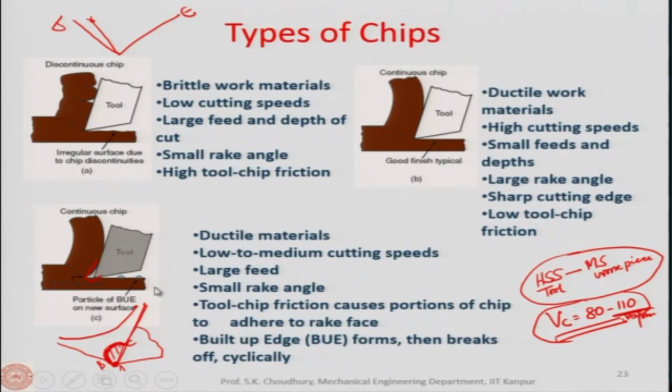Once again, because of the high strain rate of deformation, because of the very high pressure and temperature, a thin layer is removed from the chip which is in contact with the rake face of the tool, and as a result of that high pressure and temperature, a thin layer will also be removed from the rake face of the tool.